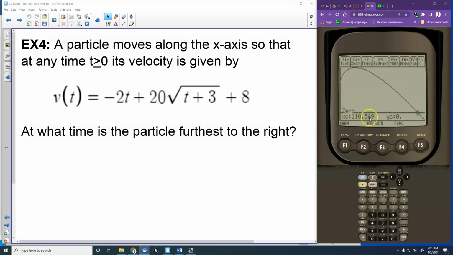We got 110.569. Yeah, this is definitely a calculator problem.